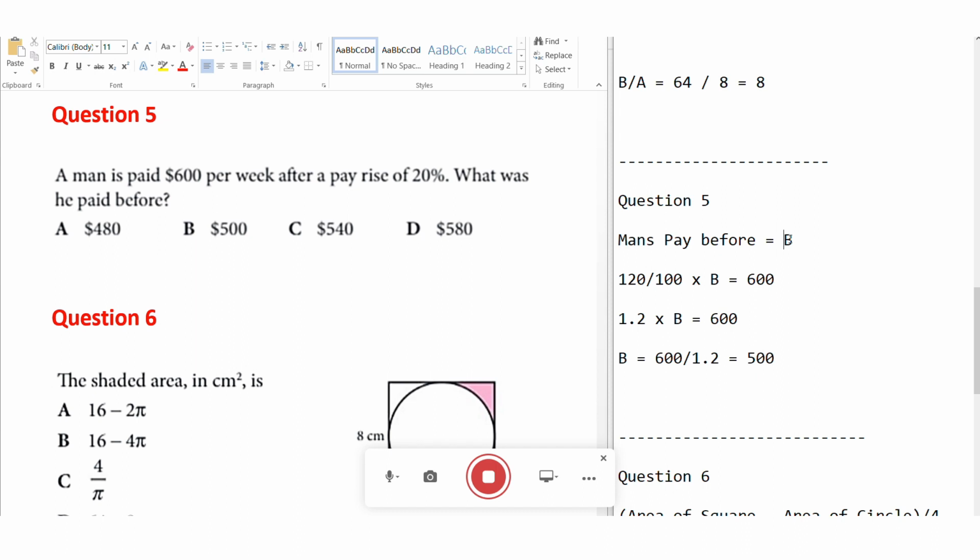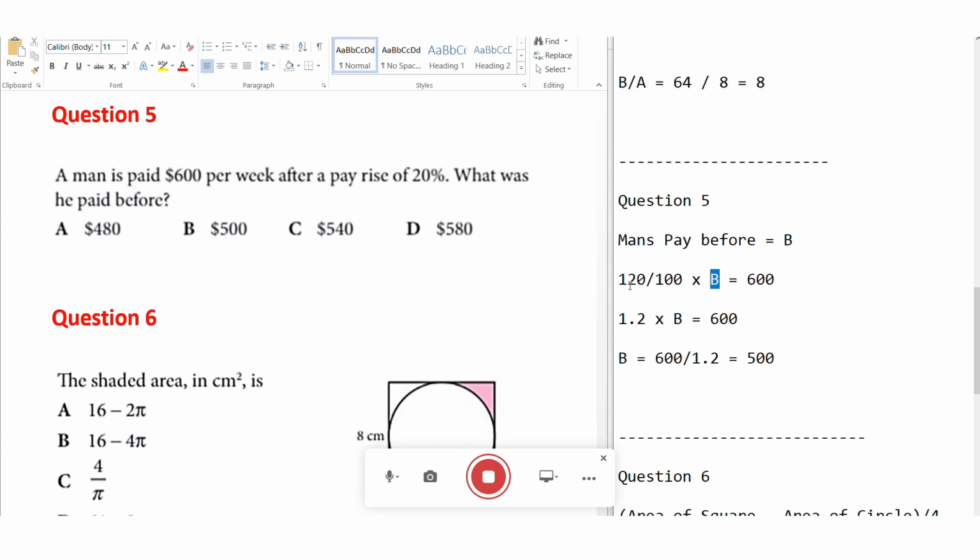If he's getting 20% more, that means his new pay is 120%. So 120 divided by 100 multiplied by the original pay gives us the new pay of $600. But remember, we're trying to find B, the original pay, the pay before.